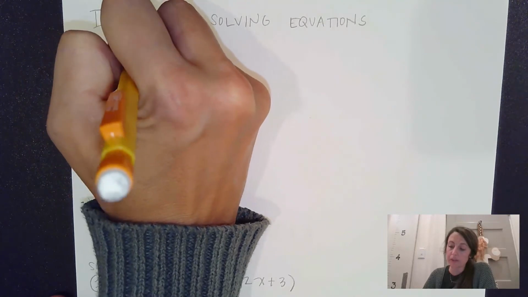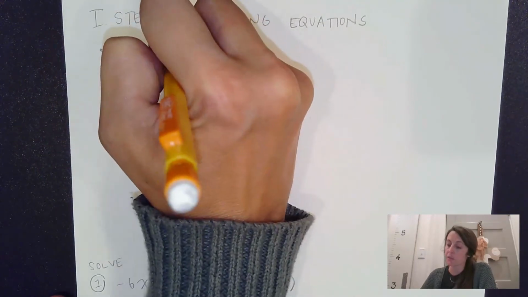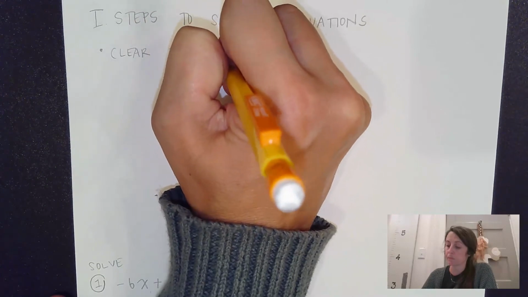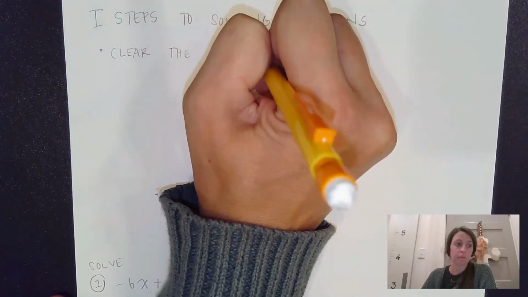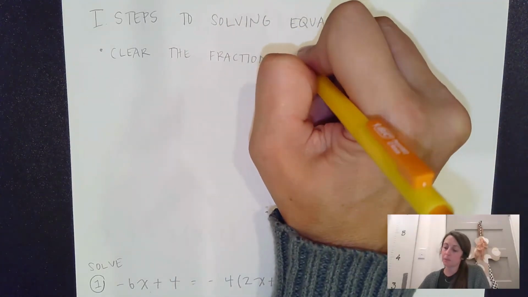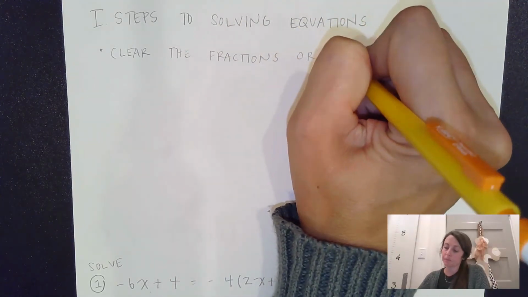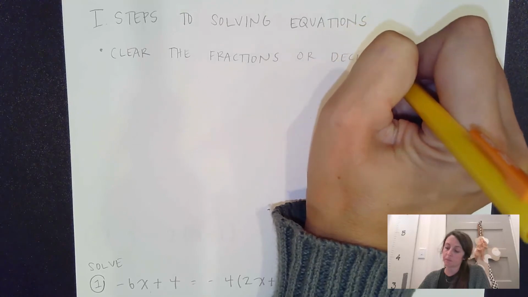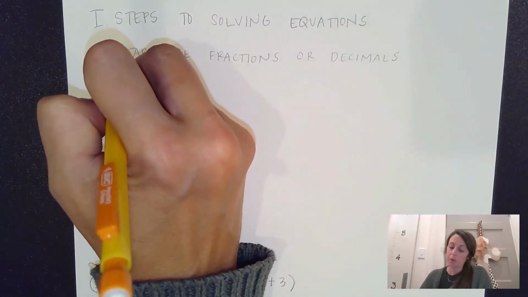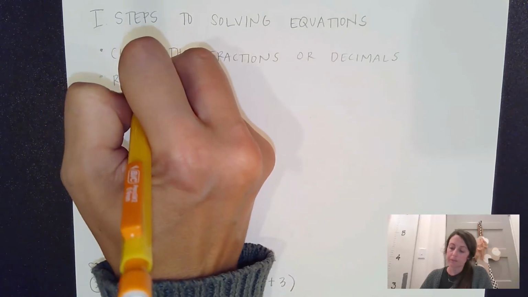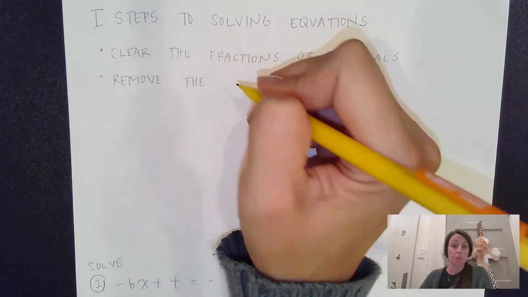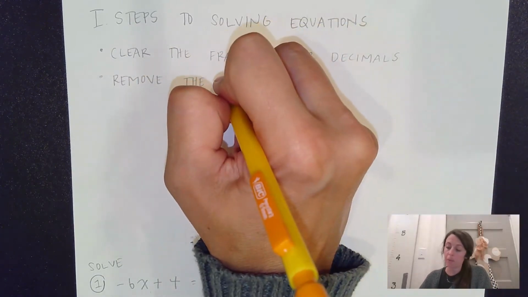So you want to clear the fractions or decimals. Then you want to remove the parentheses. So use the distributive property to remove the parentheses.